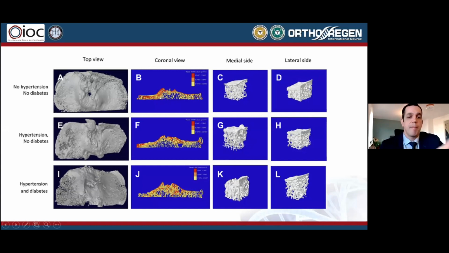We see in a patient without hypertension and diabetes that we have more good quality bone, whereas in a patient in picture J with hypertension and diabetes, we have more low quality bone. This low quality bone has changes in the trabecular structure of the subchondral bone, which leads to decreased capacity to absorb impacts, leading to an overload of articular cartilage. In the future, it will lead to osteoarthritis.